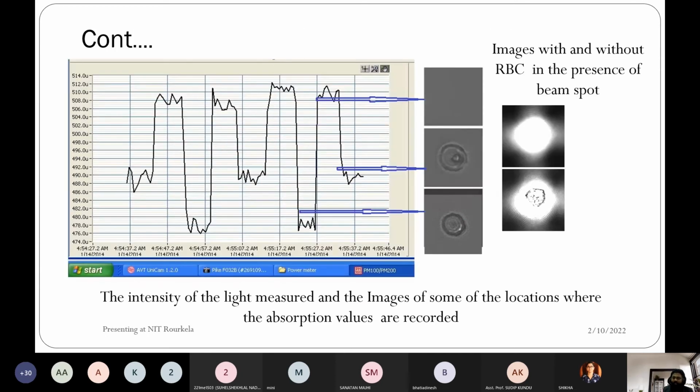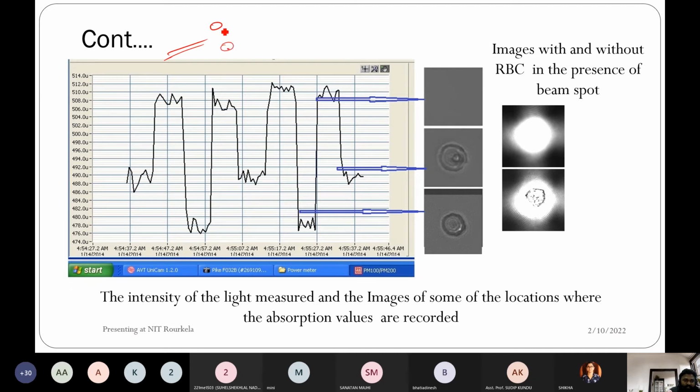We prepared another sample containing malaria infected cells in combination with healthy cells, so both cells are present. We found the locations accordingly. Suppose, for example, I have a laser source and here is one cell and this is another one.